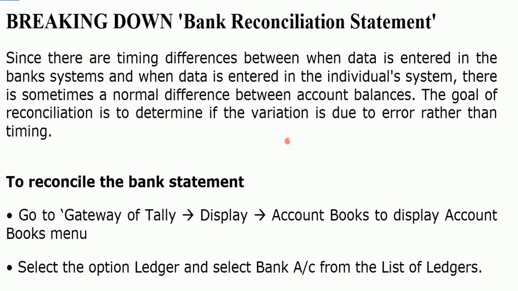So there may be differences in the bank cash. To correct that, or to find out whether the bank balance is matching with the books of accounts of our company, we call this concept a BRS statement.